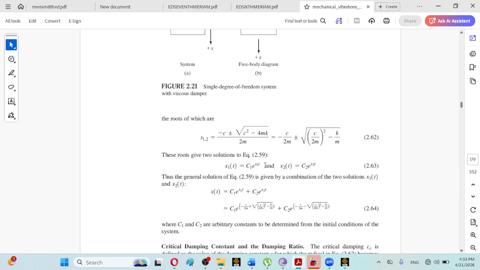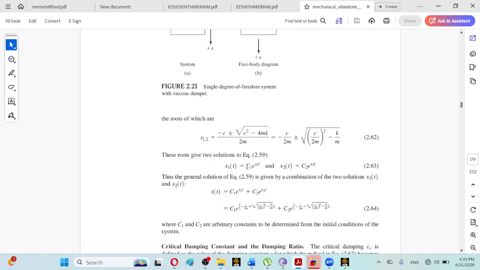When we have obtained these two independent solutions, we are familiar that for a linear homogeneous system we can use the law of superposition, or principle of linearity.